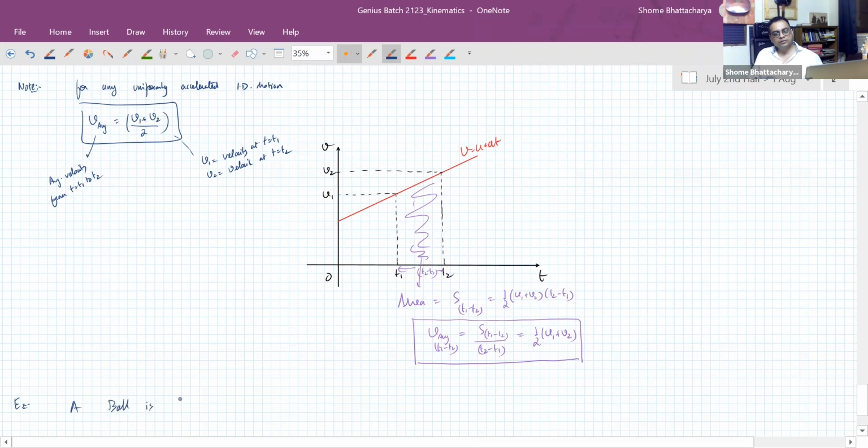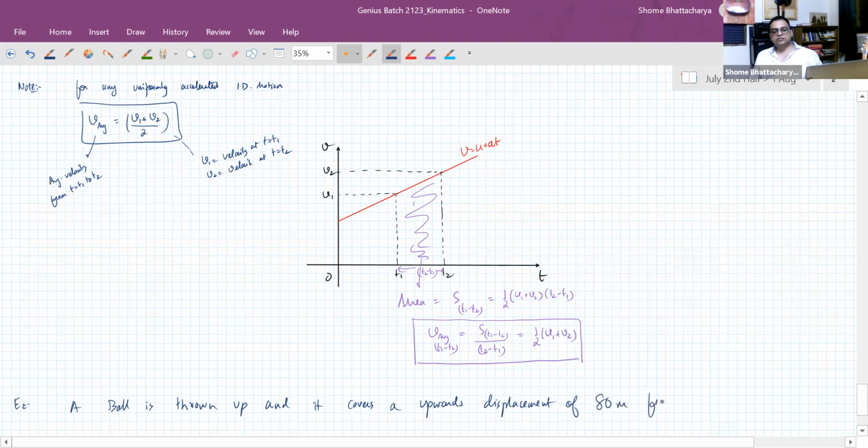So a ball is thrown up, and it covers an upward displacement of 80 meters from t equal to 3 to t equal to 5 seconds.